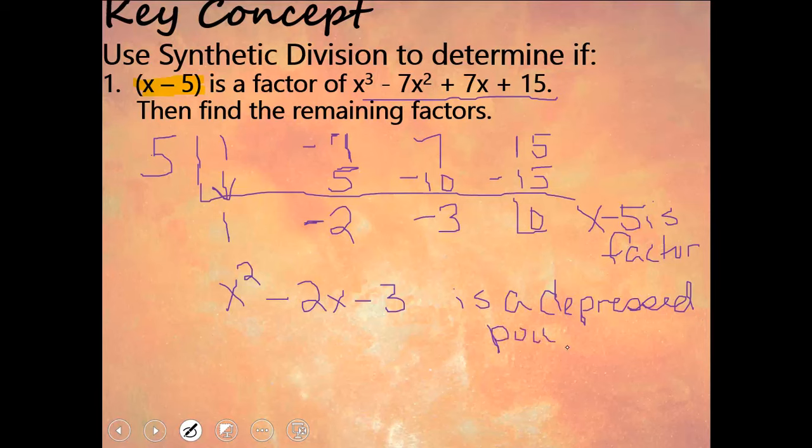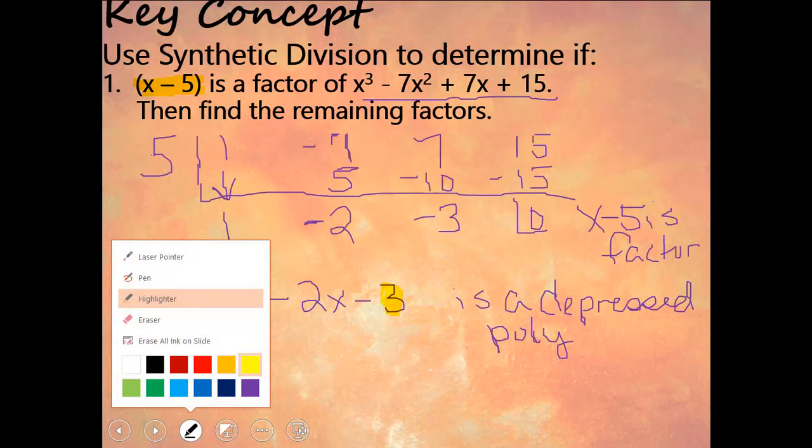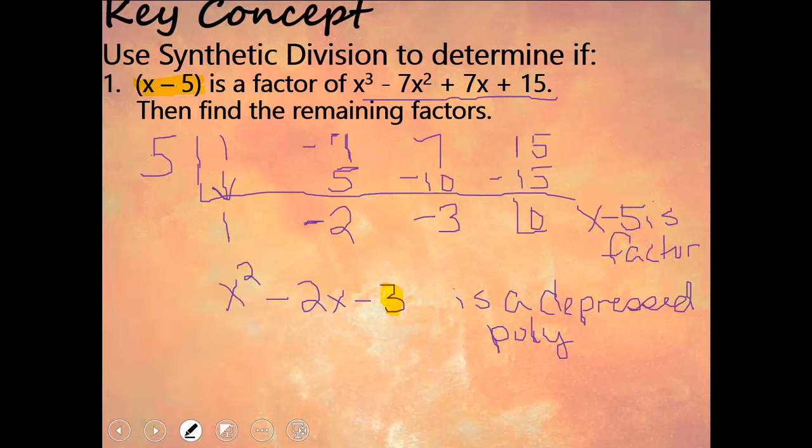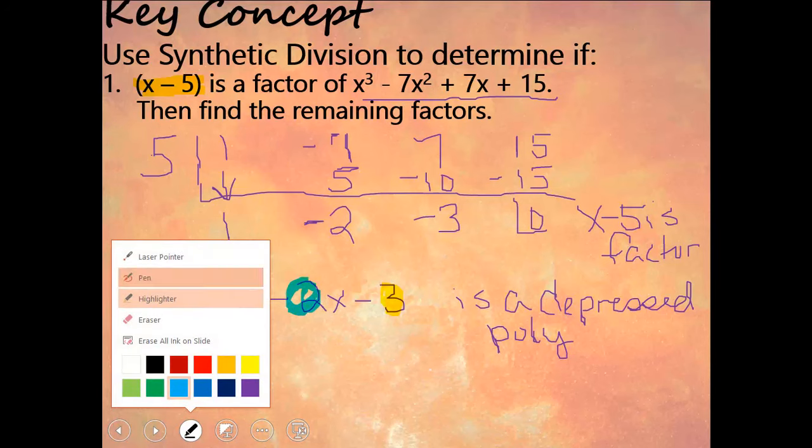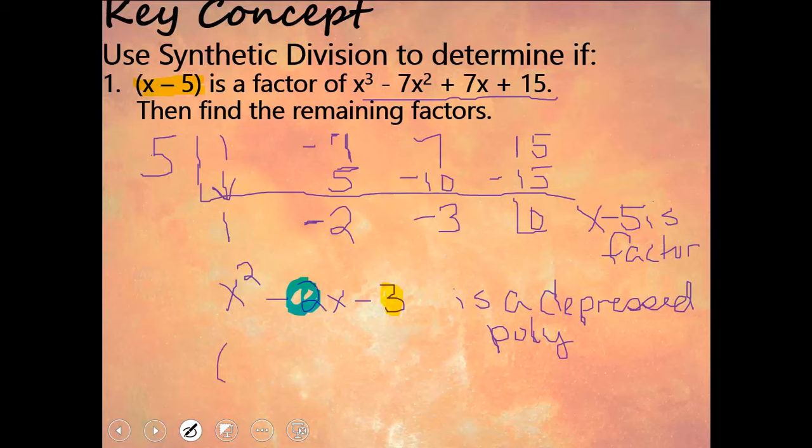So let's factor it. We're looking for two numbers that multiply to -3 and add to -2. So that will be x minus 3 and x plus 1. These are the remaining factors.